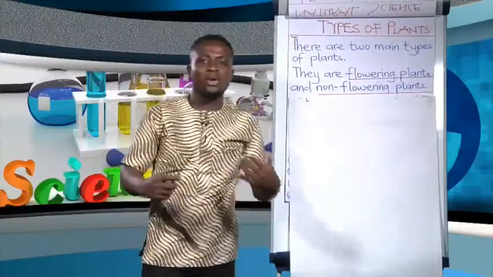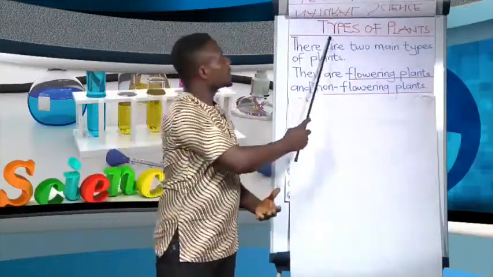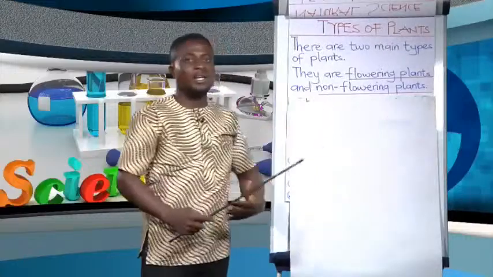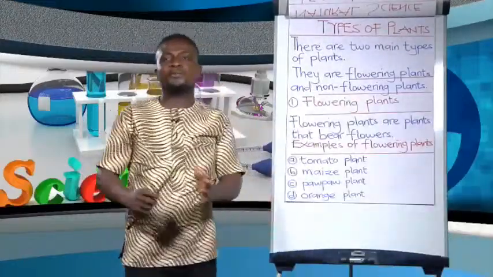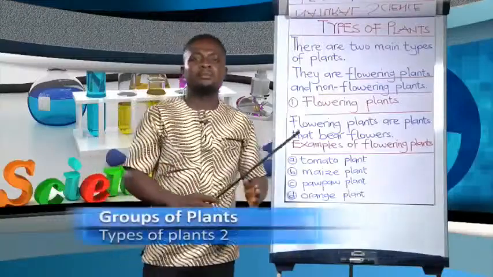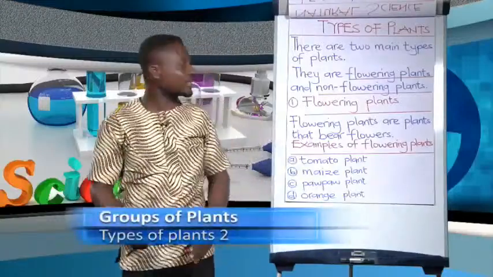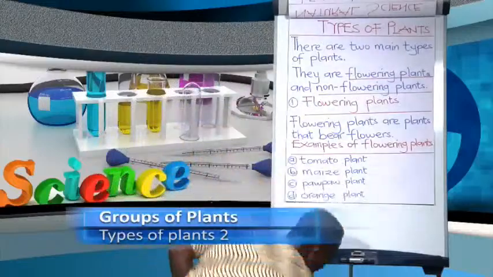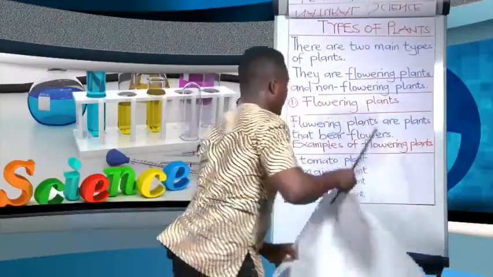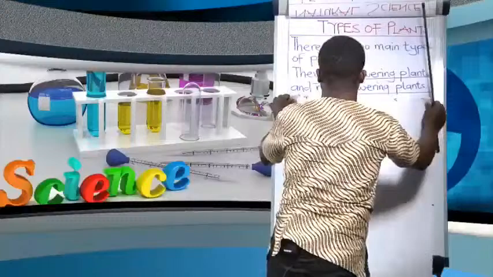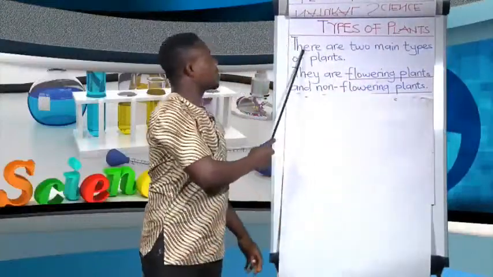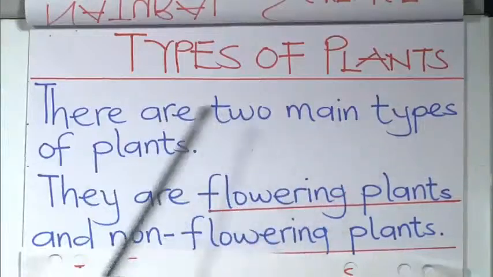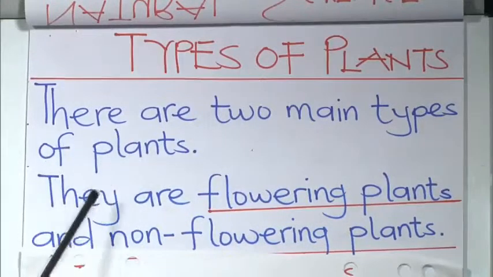Today we are looking at types of plants, and under types of plants we shall look at flowering and non-flowering plants. There are 2 main types of plants.